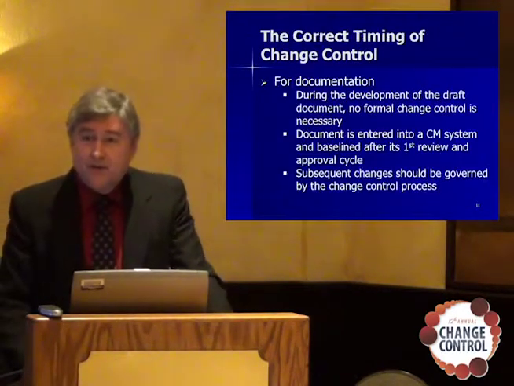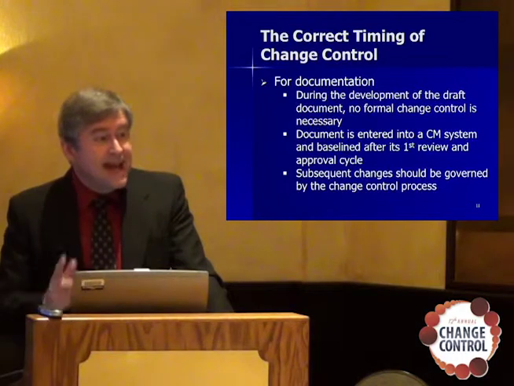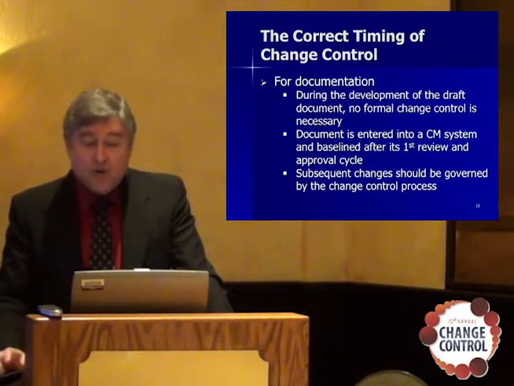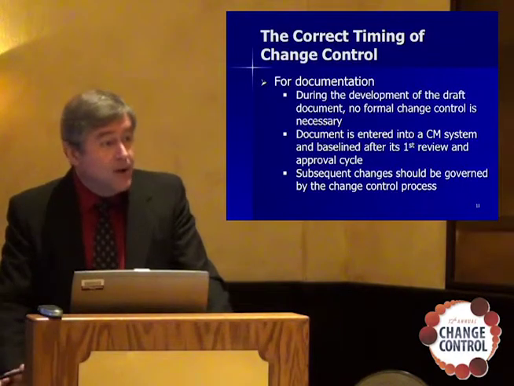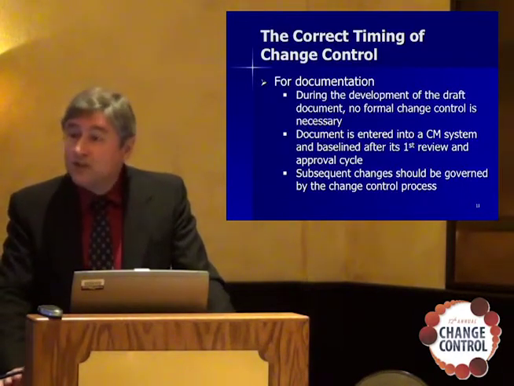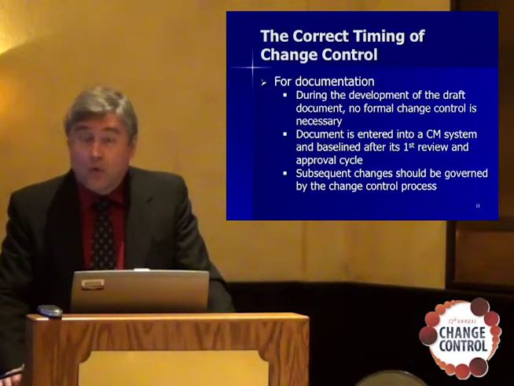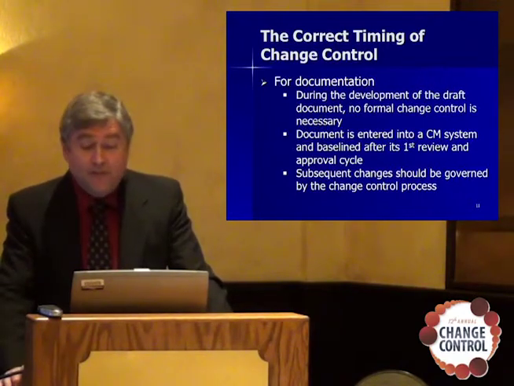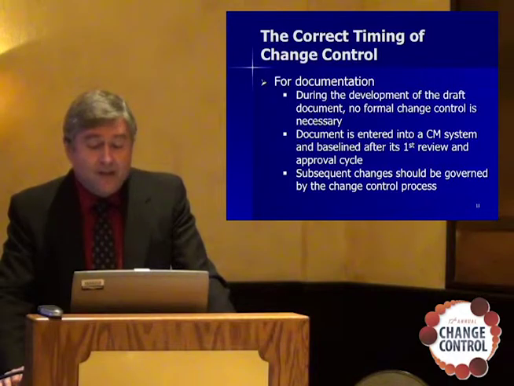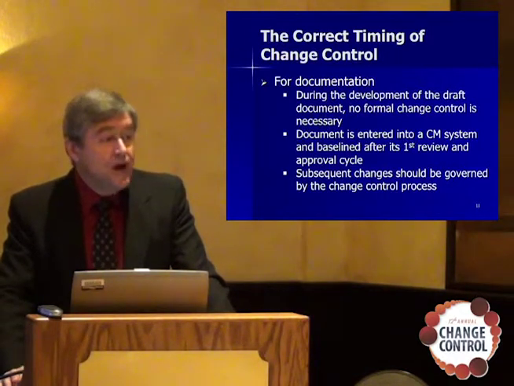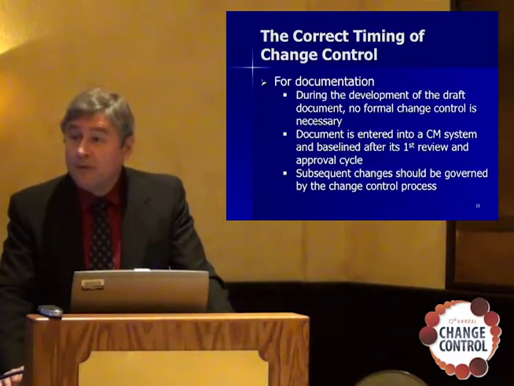So let's try to figure out together, when is that ideal point to install formal change control? I think it's different depending on what you're changing, what you're trying to control. Let's talk about documentation first. It's very typical, at least in my organization, that we're developing a draft of a document and we do not put it under formal change control.